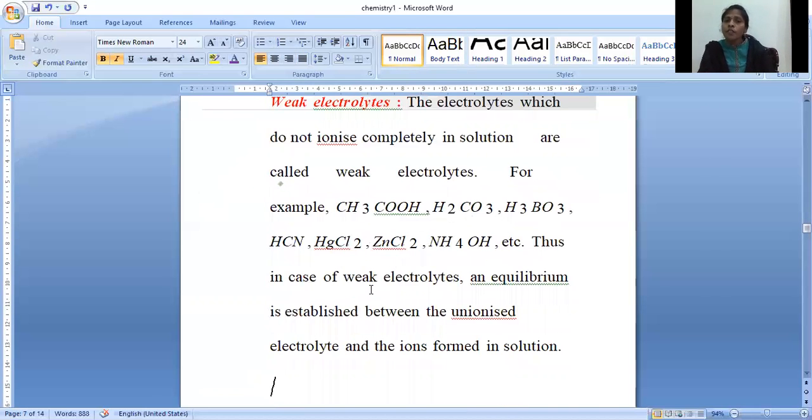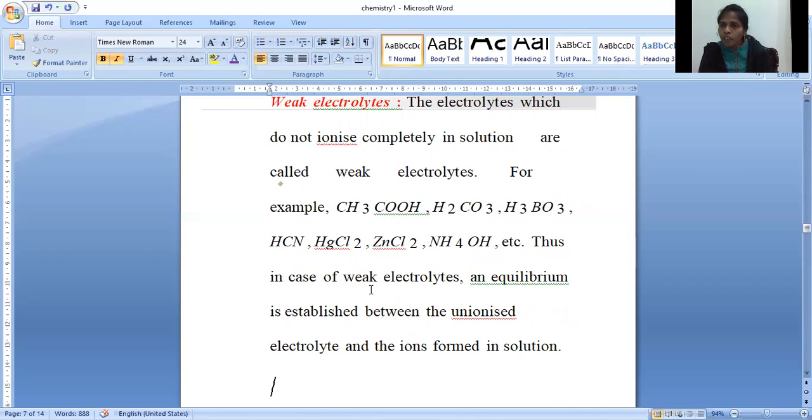But thus in case of weak electrolyte, an equilibrium is established between the unionized electrolytes and the ions formed in the solution. So maybe you know what is meant by the equilibrium here. Equilibrium is nothing but, you will be having the forward direction and the backward direction reactions. The forward reaction takes place and the backward reaction takes place with the same speed. That is called the equilibrium here.